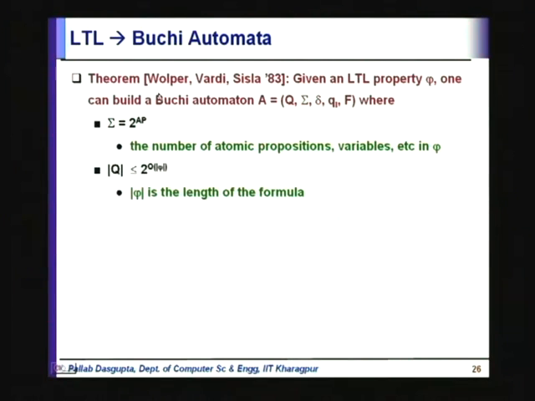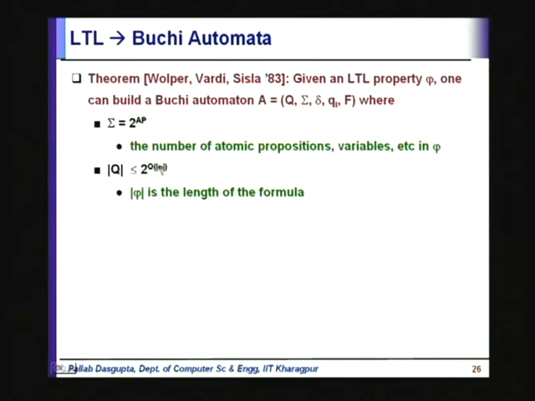In a paper in 1983, Wolper, Vardi and Sistla contributed this theorem which says, given an LTL property phi, one can build a Büchi automaton A like this, where sigma is 2 to the power of AP, where AP is the set of atomic propositions or variables in phi, and the number of states in Q is upper bounded by 2 to the power of the length of phi.